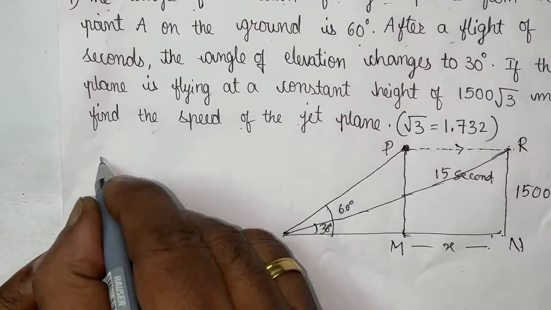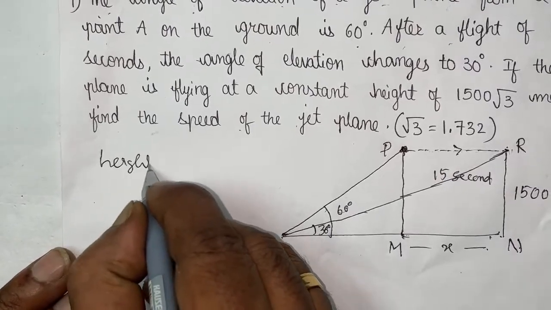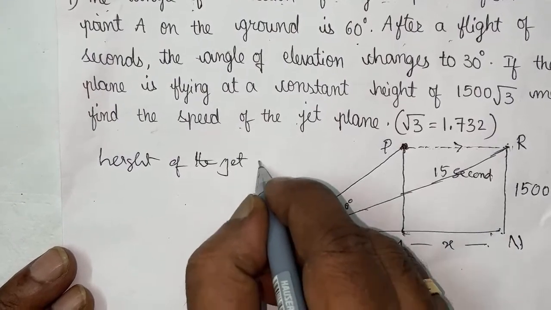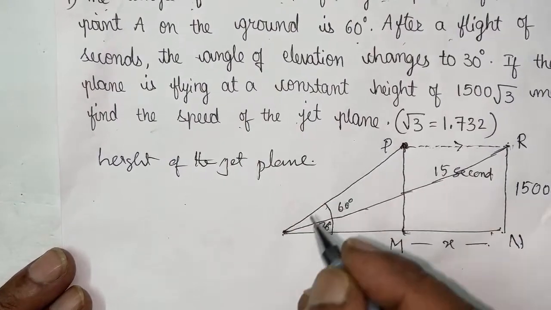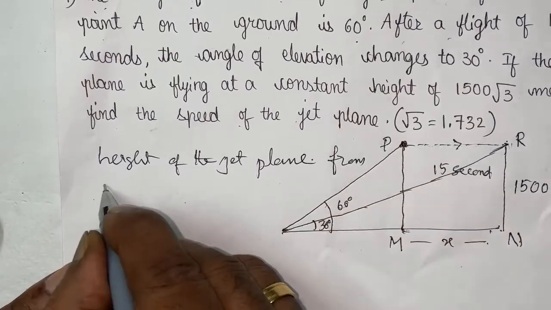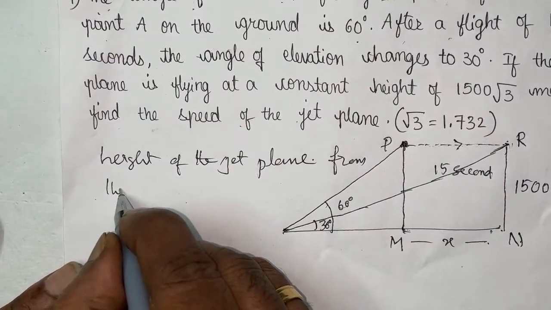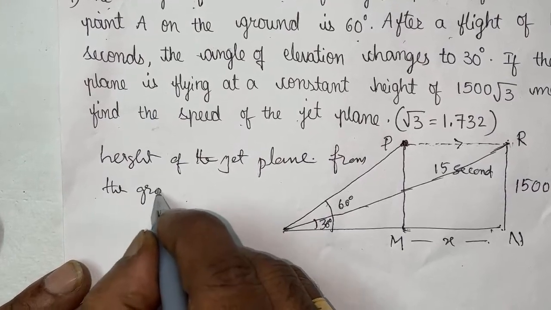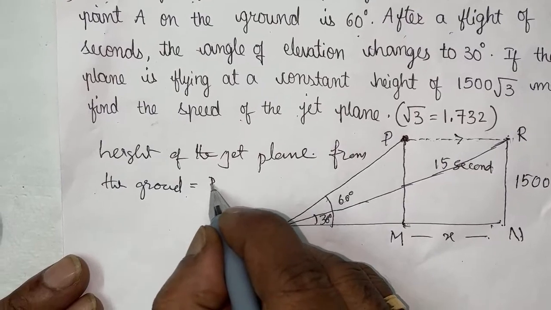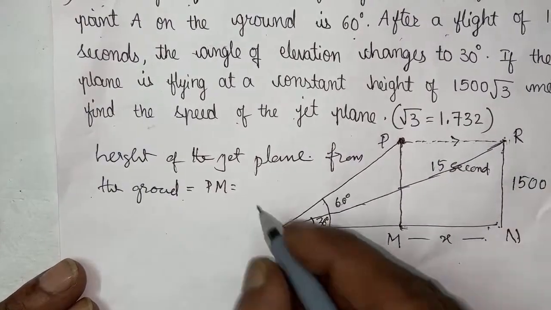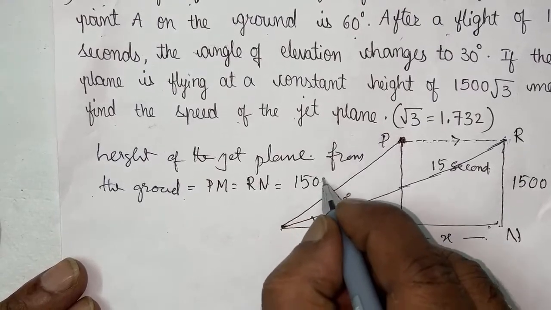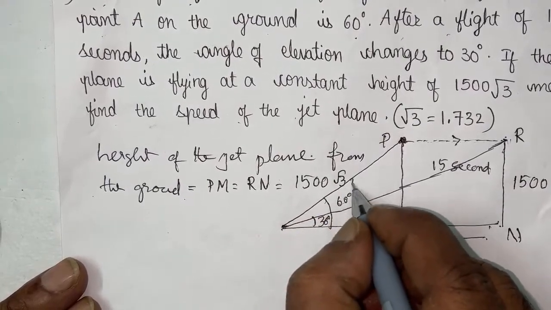Step number 1 is the height of the jet plane from the ground. We can say PM is equal to RN, which is equal to 1500 root 3 meters.